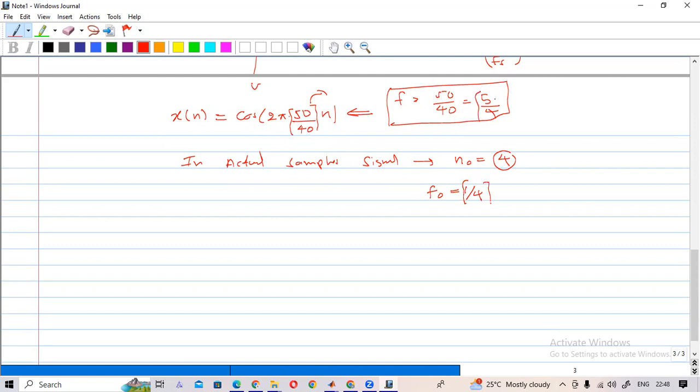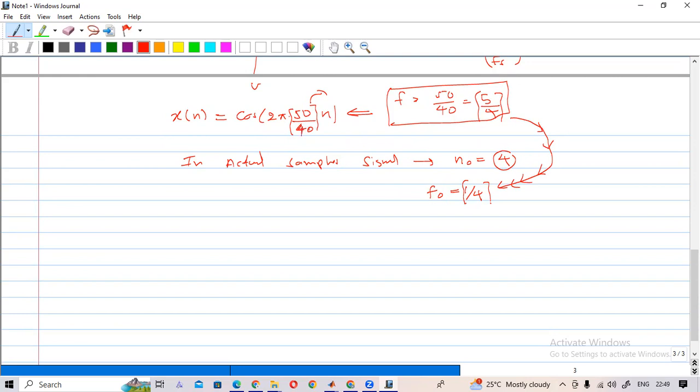And this is the frequency we get using the mathematical one. Are these the same? Definitely not. This is 5 by 4 and this is 1 by 4. So these are not the same.